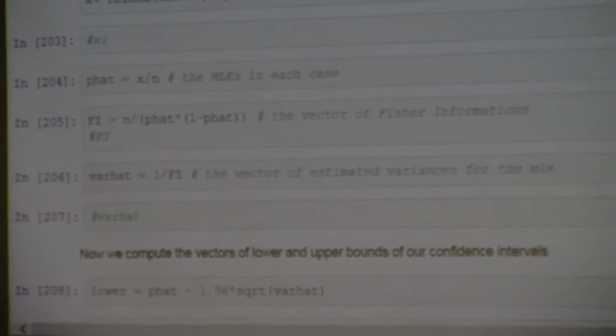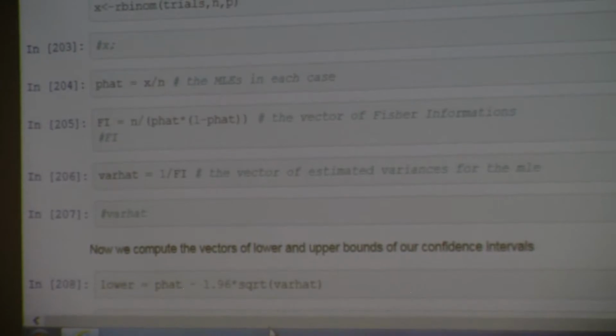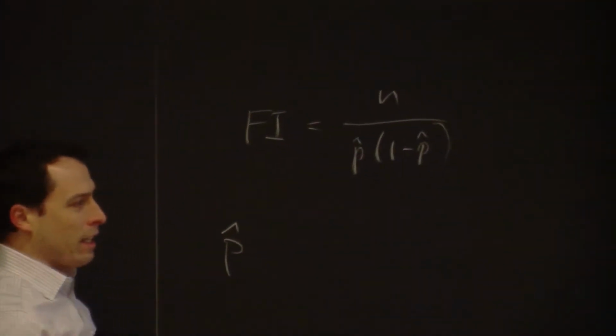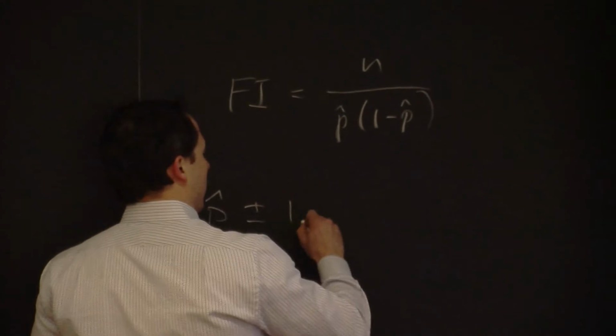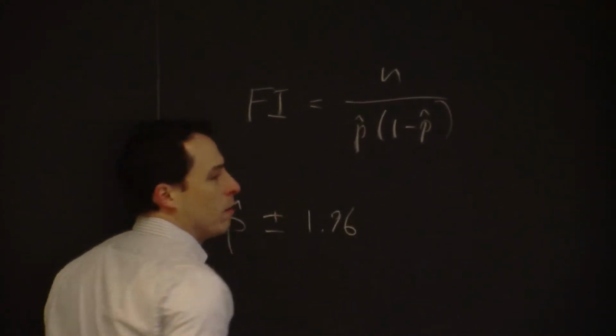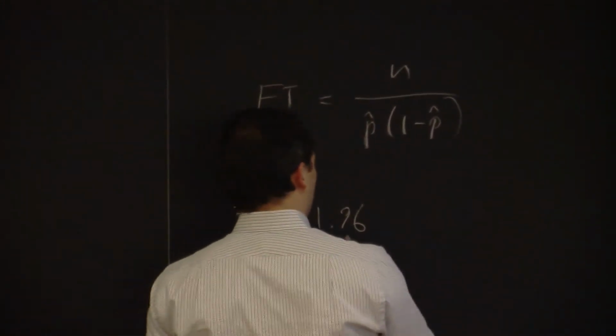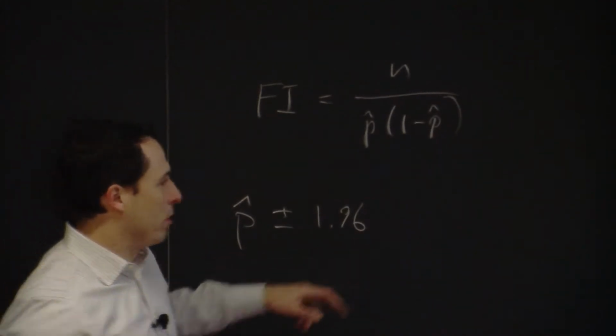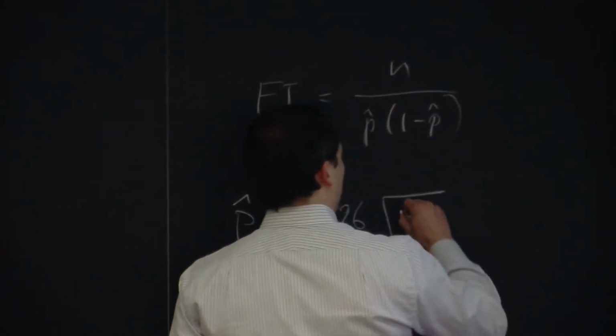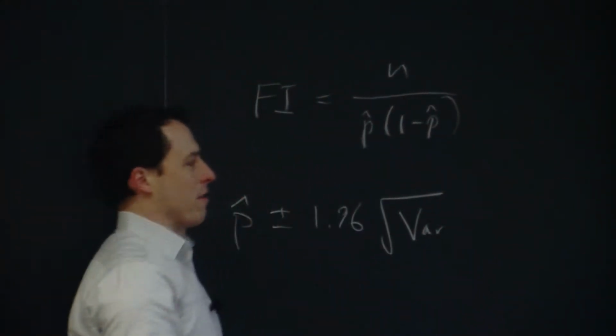Okay. And so then this type of confidence interval, the Wald confidence interval, is easy to estimate, right? It's just our MLE plus or minus our u alpha, 1.96, that comes from the normal distribution, times the square root of the variance, or our estimate of the variance.